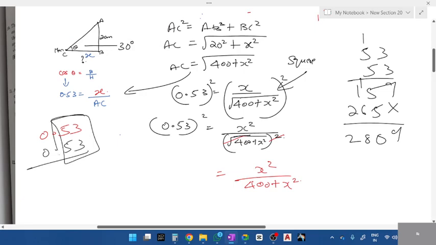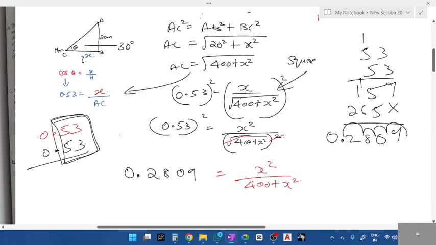Total how many decimal numbers? 2 plus 2. So 2809, you have to keep 4 decimal places. How will you place the decimal here? From the right hand side, 4 positions. So what's the answer? 0.2809. Did you understand this? 0.2809.